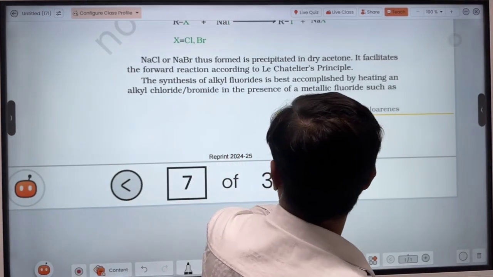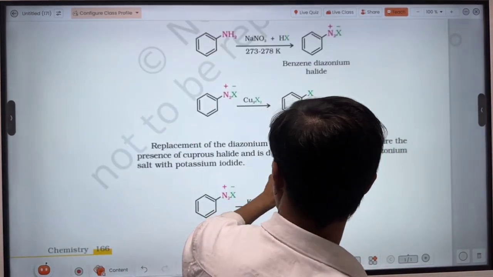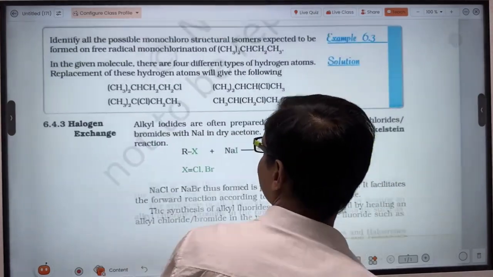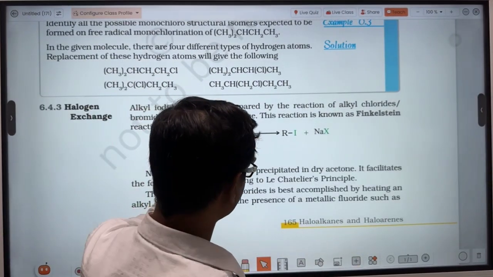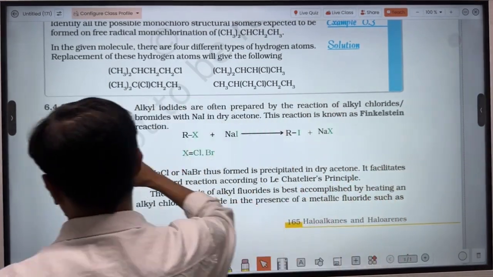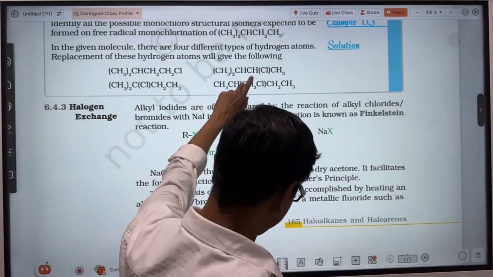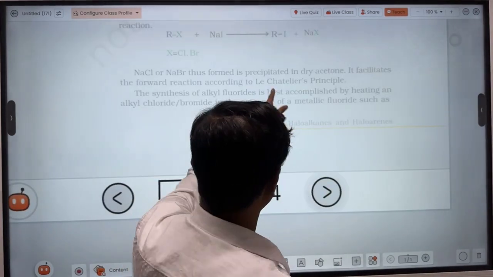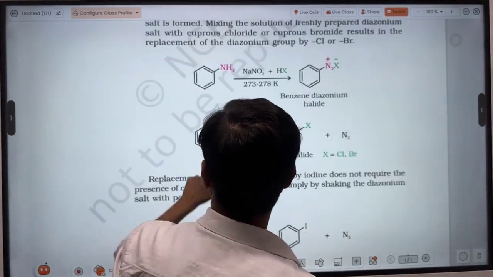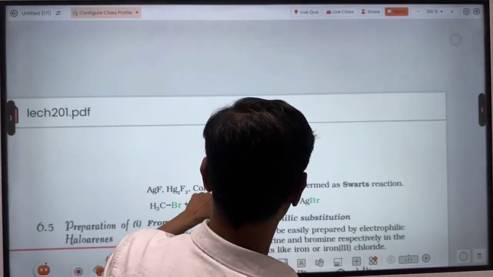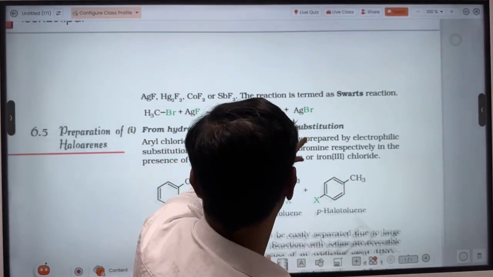When we do iodination, that will be called Finkelstein reaction. Okay. And when we do the fluorination, then that will be called Swarts reaction.